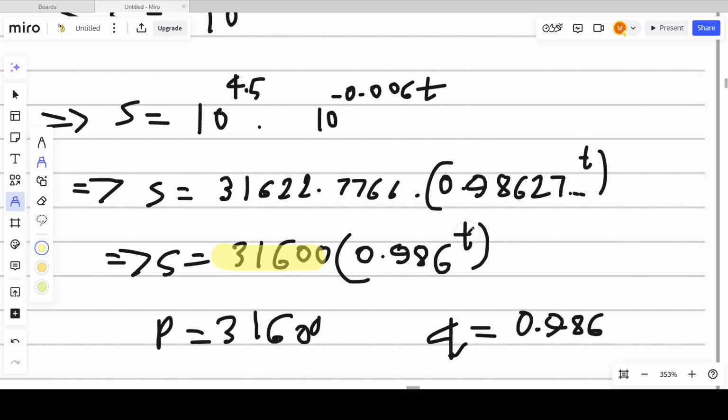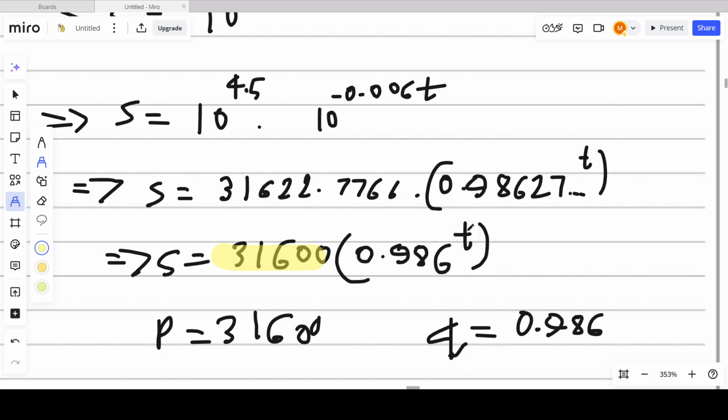So 0.986 is the rate at which the amount of area covered by the coral reefs is changing.